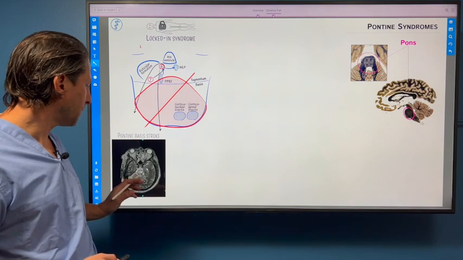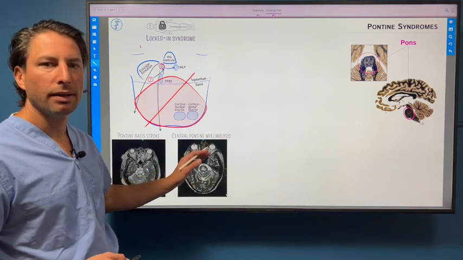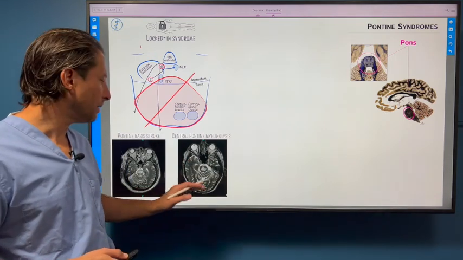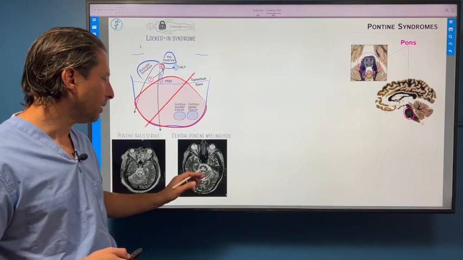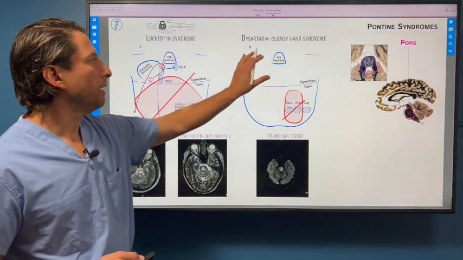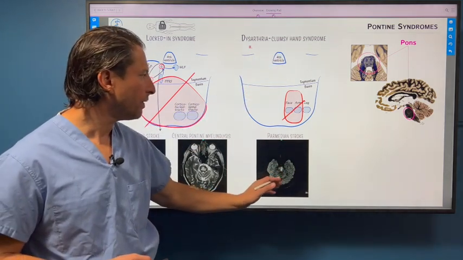This was a stroke affecting the pons, and then this is the central pontine myelinolysis. Overly rapid correction of low sodium levels can cause this myelinolysis, this demyelinating phenomenon within the pons, and cause locked-in syndrome. Then this is dysarthria clumsy hand syndrome, a paramedian pontine infarct.